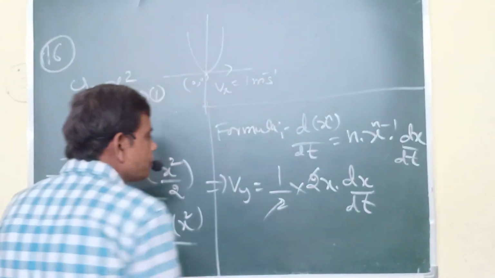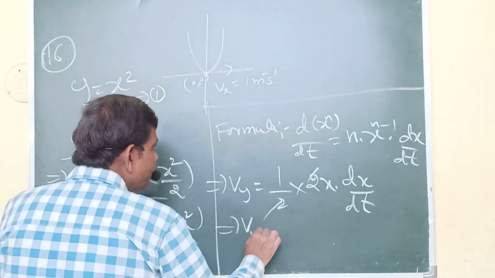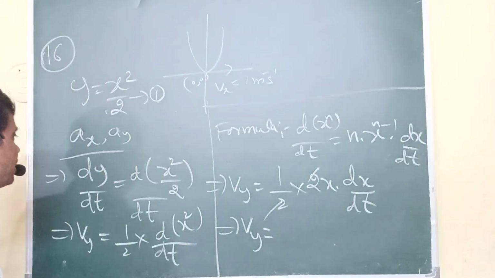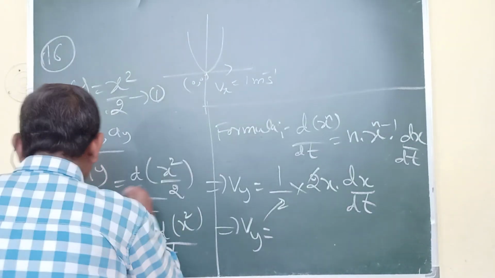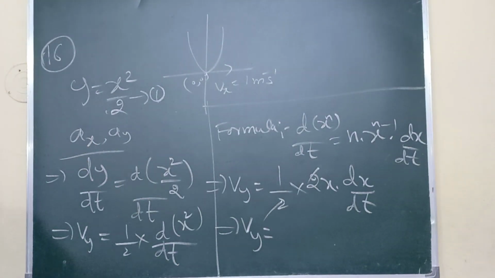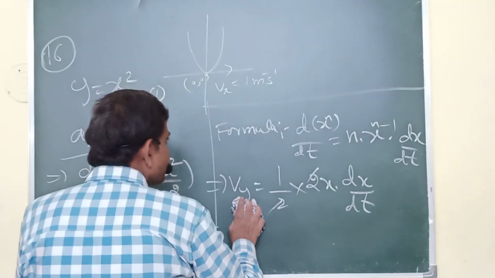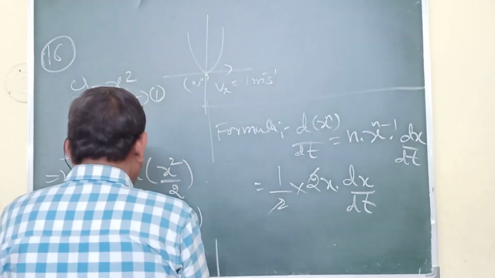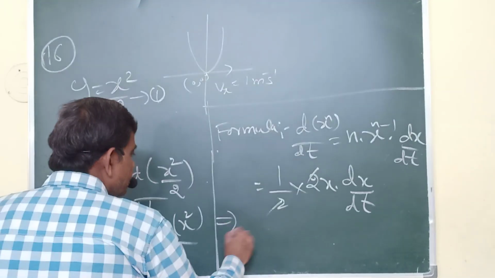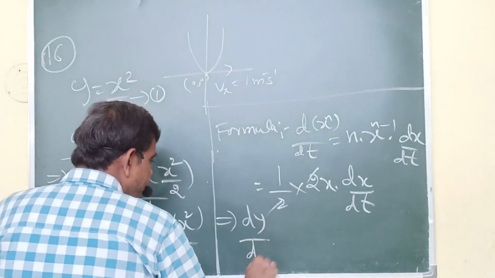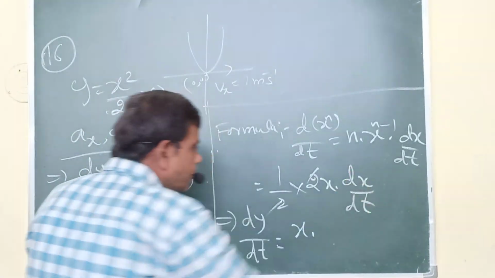Now the 2 cancels. Finally, dy by dt equals x into dx by dt.